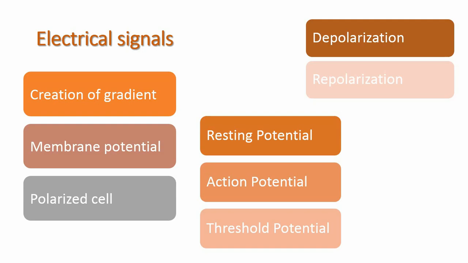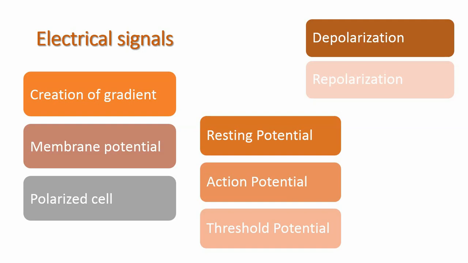In that, these are the various terms which we have to learn about. Creation of a gradient means how the electrical gradient, electrical current, is created across the membrane, and this is nothing but the creation of a membrane potential. Whenever this current is created inside the cell, it is called a polarized cell.